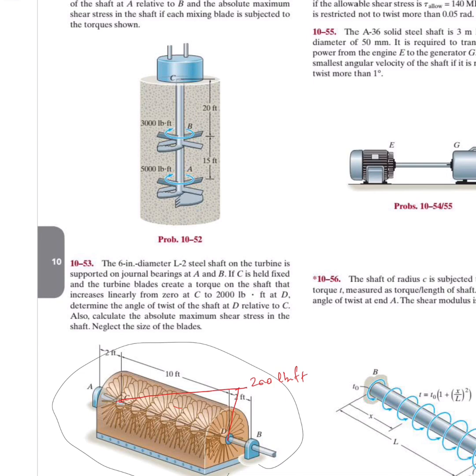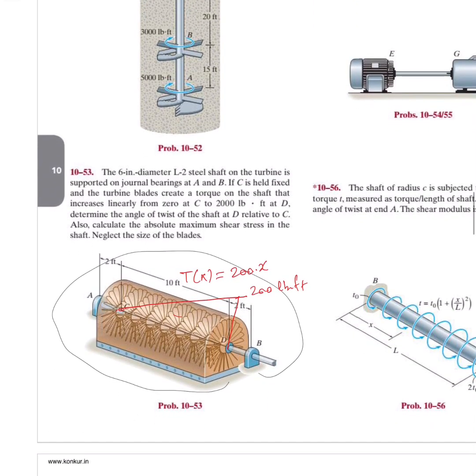So if you write T of x, you write 200 times x. Let's see, I'm making some mistakes here. It reached 200x here and 0 here. Yeah, so let's see.